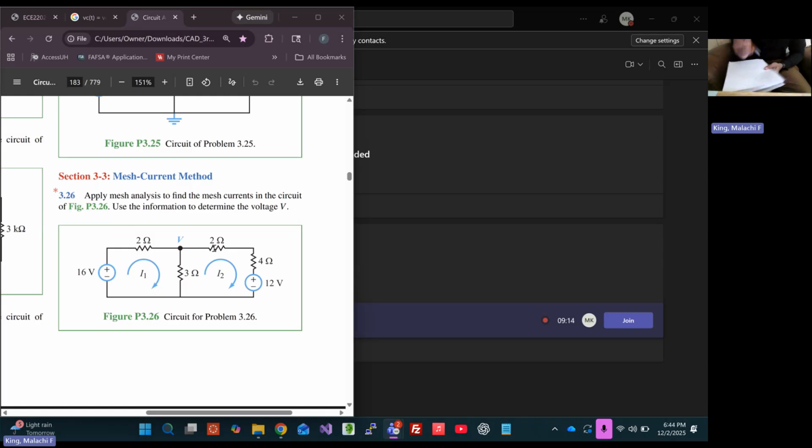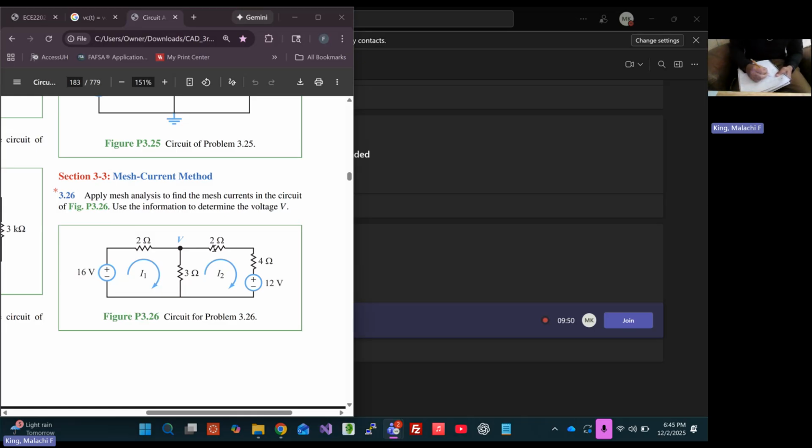Okay, now we're solving for the voltage V right here. And the voltage V is equal to the voltage across the 3 ohm resistor. So we need to find the current running through it because V equals IR. We already know R, and we now know the I, which we can solve for. Depending on which one you go with, you're going to get a positive or a negative answer.